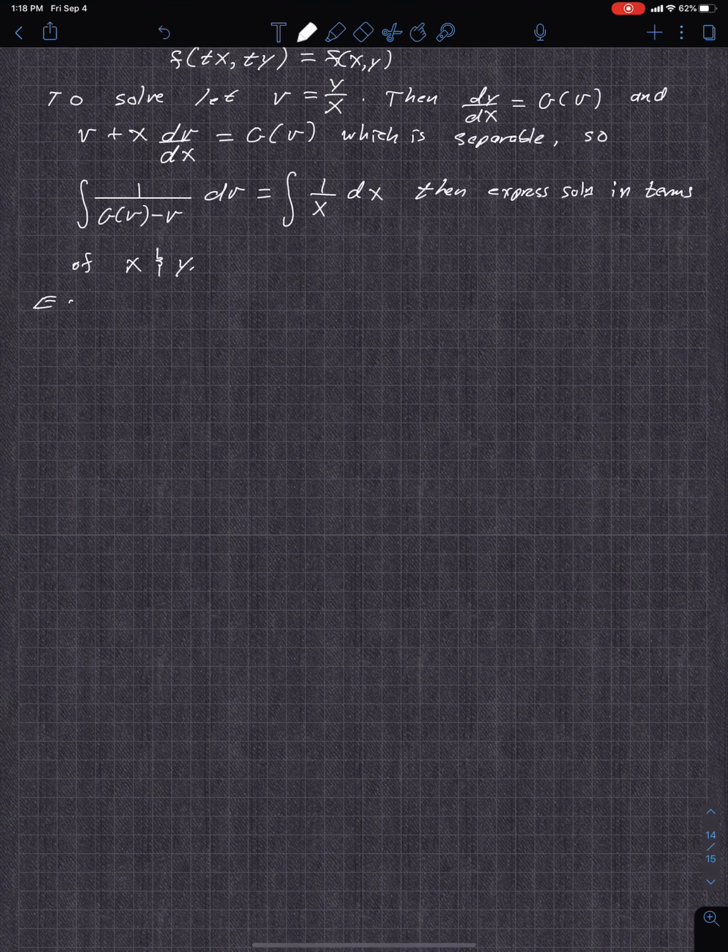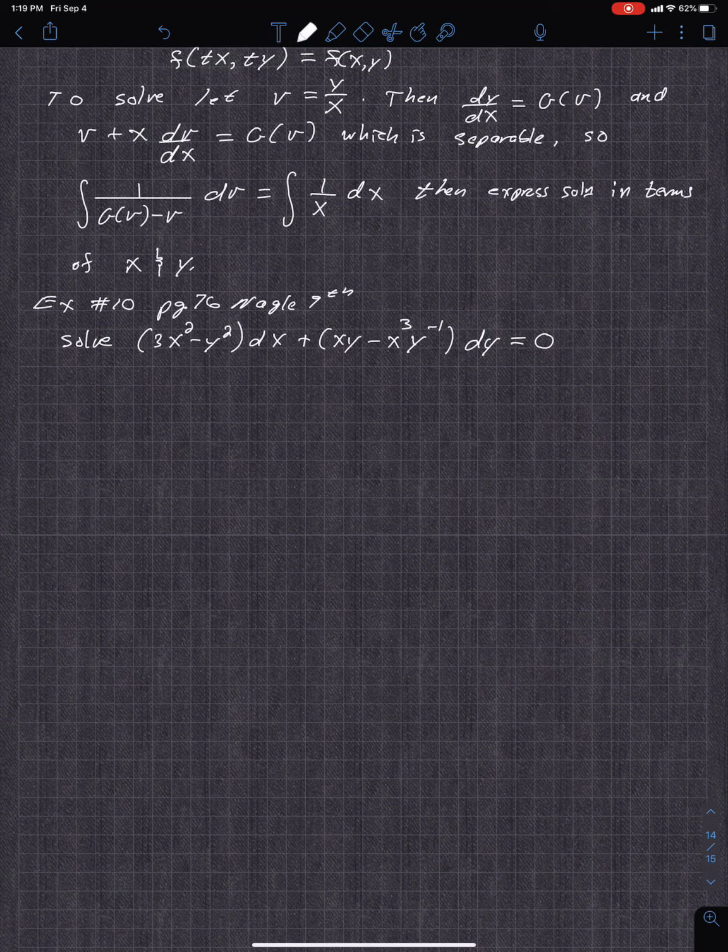This is number 10. For some reason, I've been doing number 10 because it seems to be the ones I want to check. So number 10 on page 76 in your book, Nagle 9th. Solve 3x squared minus y squared dx plus xy minus x cubed y to the negative 1 dy equals 0.